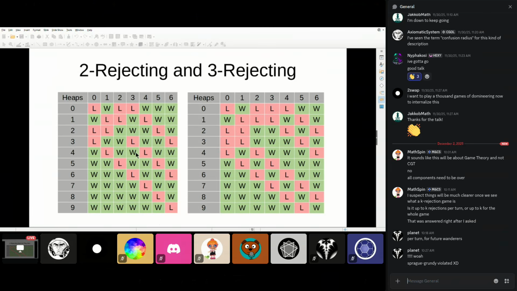Wythoff's game. Those diagrams are very interesting as well. I should have put them in here, but I didn't. Because in the zero rejecting case, you have those golden ratio lines that were alluded to in the other talk.